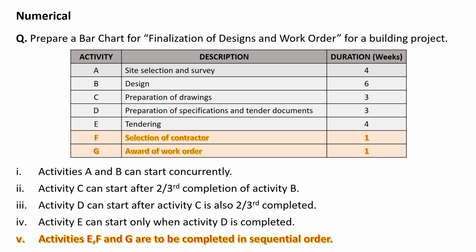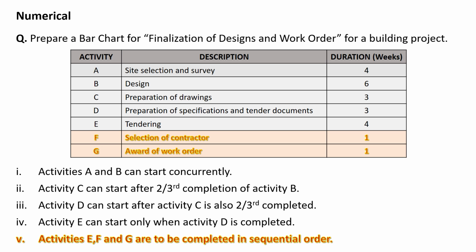Activities E, F and G are to be completed in sequential order. Activity E has already been completed. Therefore, we are left with activity F and G. Activity F is selection of contractor, taking 1 week of duration. Activity G is the award of work order, which also takes 1 week.